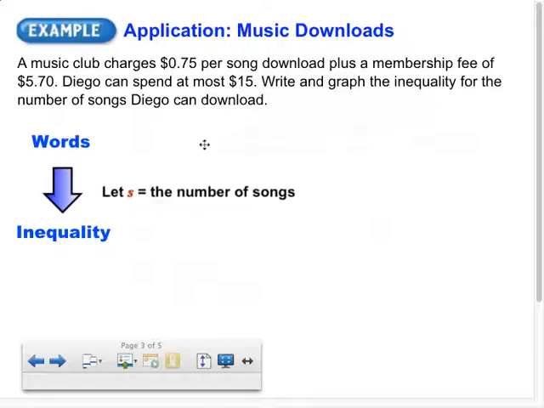We got paid to be a part of that, to have a membership, and that membership is what? $5.70. So it's 75 cents times S plus our membership fee, and Diego, he can't spend any more than how much? So whatever it is that he spends, it's got to be. When they say at most, think about that.